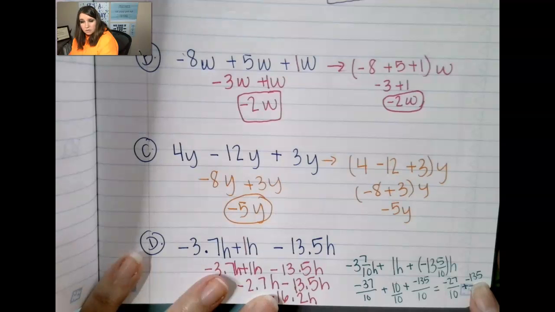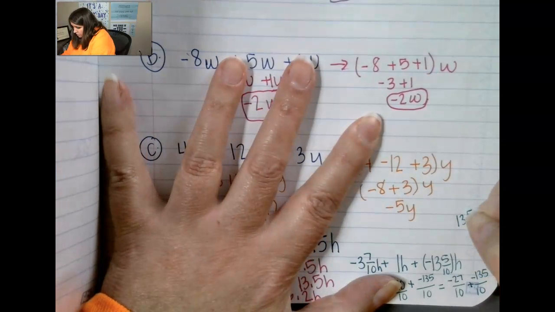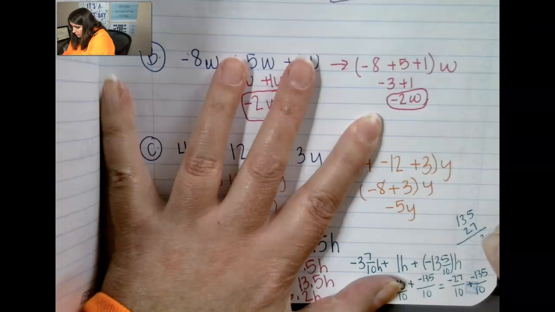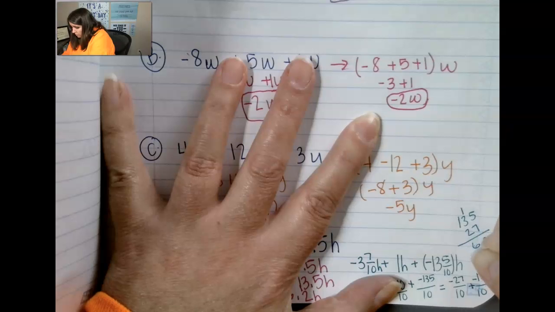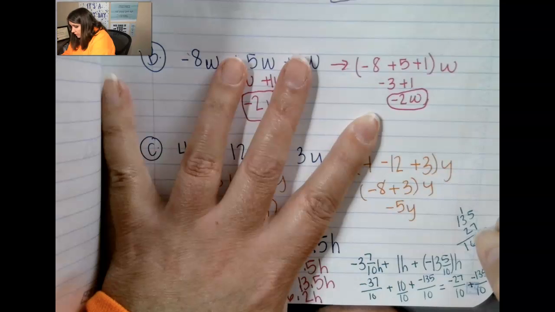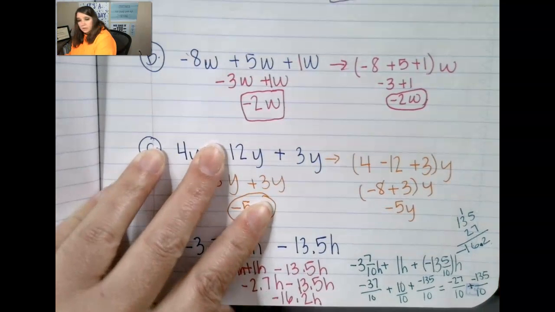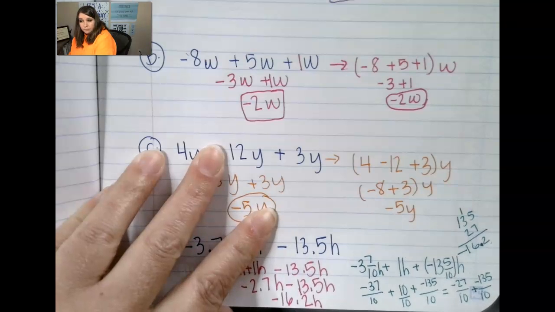Carry my 1, so there's my 2. 20 and 30. 12, 6, 162, or 16 tenths and 2 tenths for the decimal.